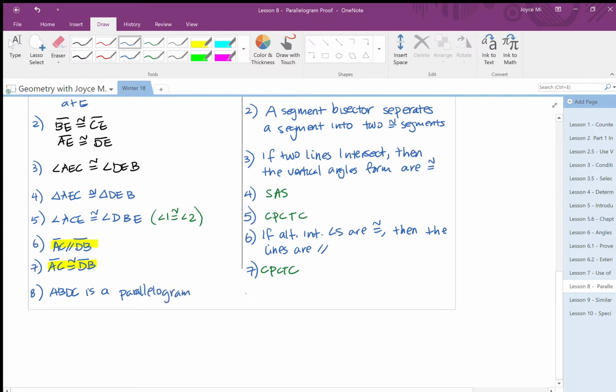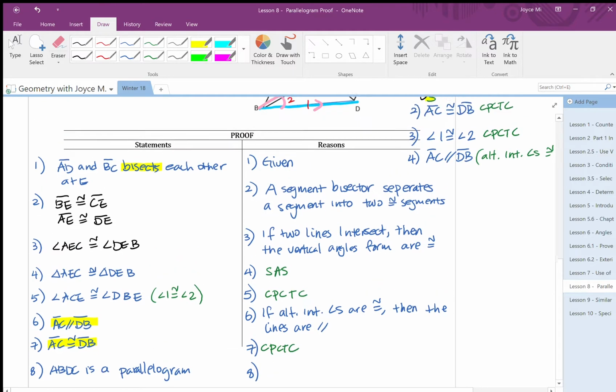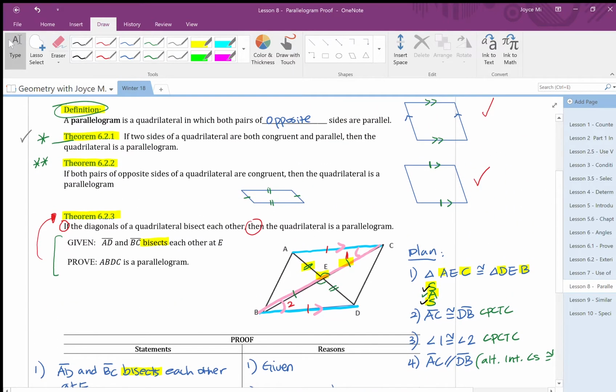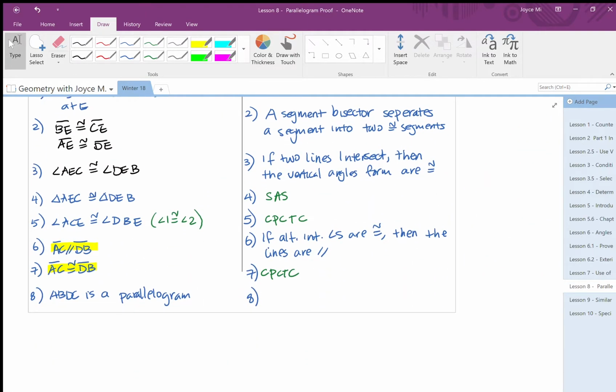Okay, number 8, we use this theorem on top over here. We say if two sides of a quadrilateral are both congruent and parallel, then the quadrilateral is a parallelogram. That is theorem 6.21 here, so I don't have to write the theorem again. Make sure you write it out. It's always good practice to write it out.